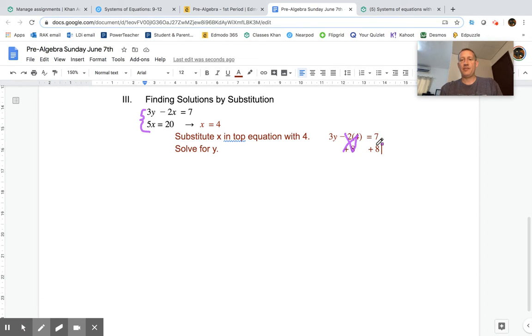And 7 plus 8 is what? 15. So we end up with 3y equals 15. So what does y equal? If 3y equals 15, what's y? We divide both sides by 3, and we get y equals 5. So that's your ordered pair. 4 is your x, and then y is your 5.